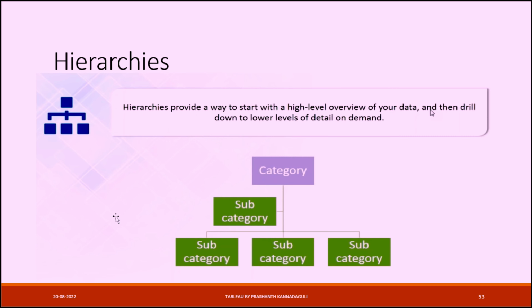Then the next thing is a hierarchy. So hierarchy is, I have my data set with me and I want to look at it starting from a high level and go step by step, deeper. That is what a hierarchy is.